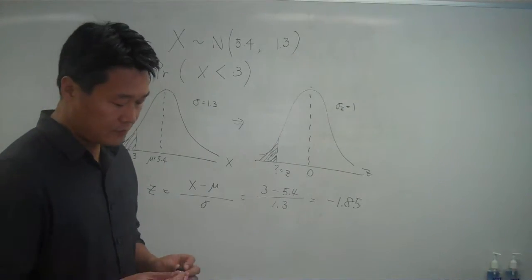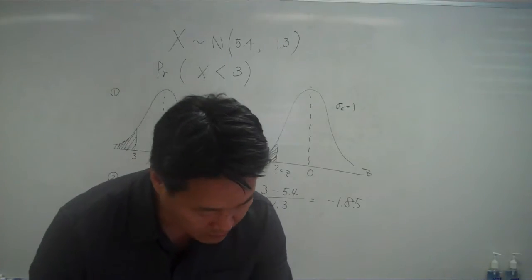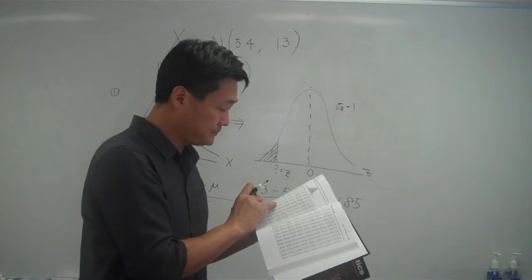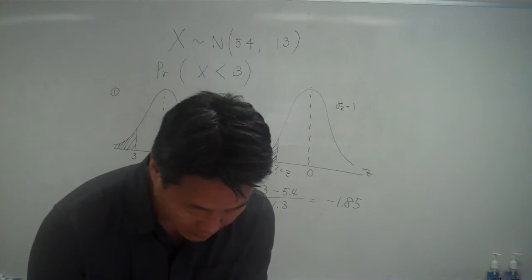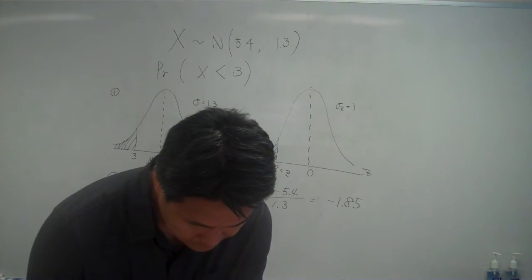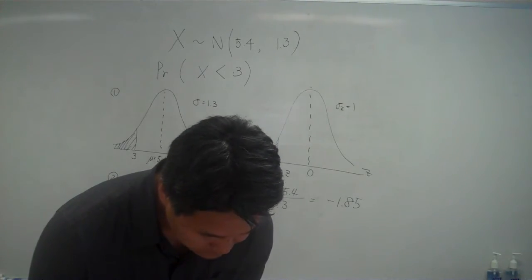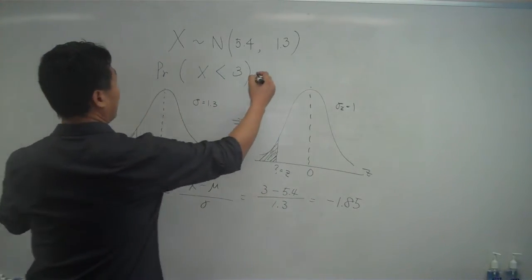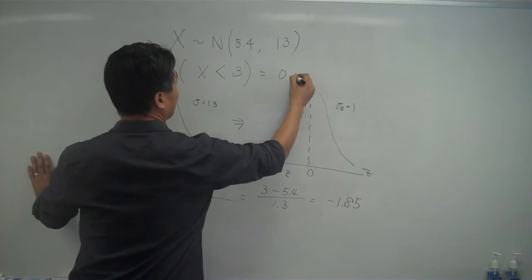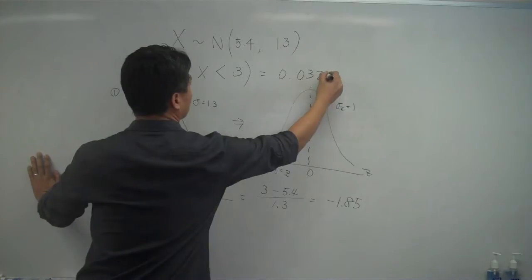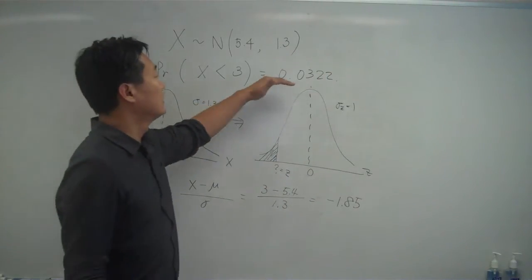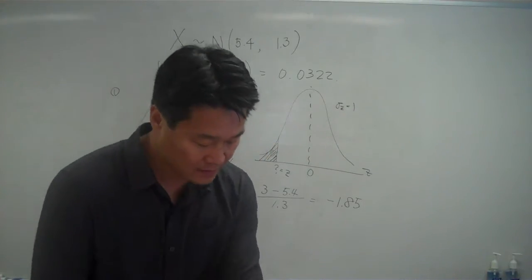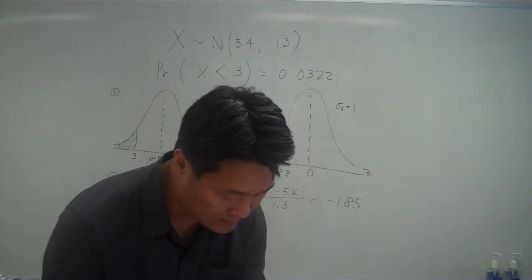So you have to refer this z-score from the table D. That one is 0.0322. So that probability should be 0.0322. That's the probability what we wanted for this question.